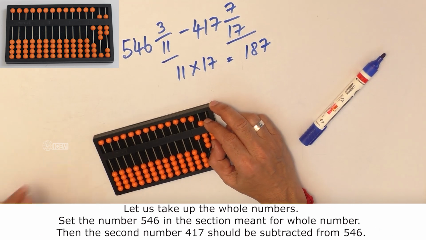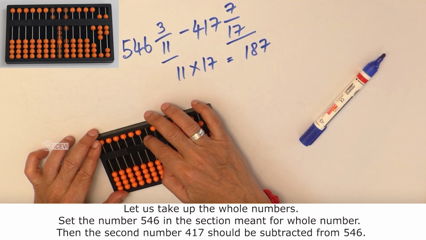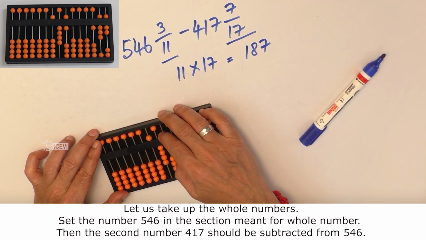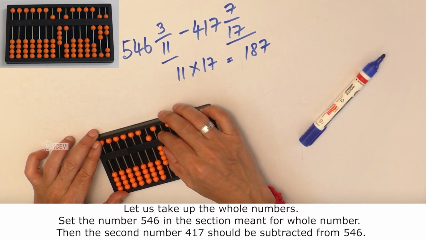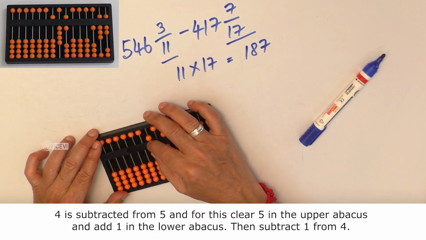Now let us take up the whole numbers. Set the number 546 in the section meant for the whole number. Then the number 419 should be subtracted from 546. That is, 4 is subtracted from 5.